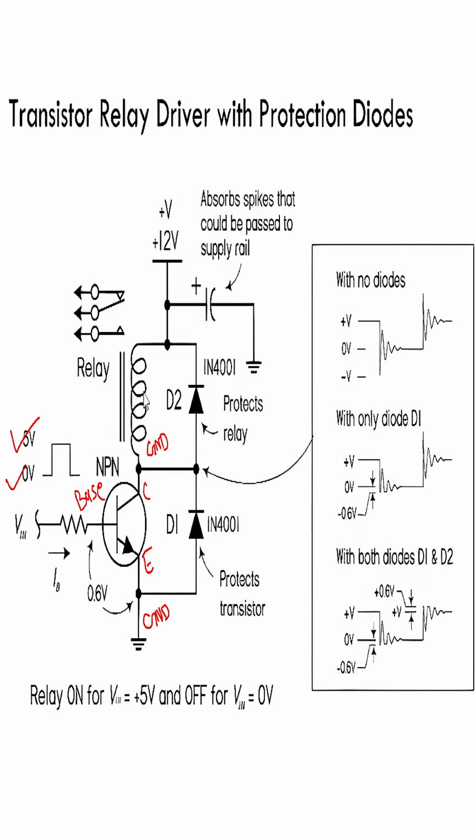Because it is a coil, there is a property in that coil. When the current is flowing, it is fine. When the current is suddenly switched off, there is a phenomenon that tries to flow the current again, the same as before. So it insists that the current not switch off.